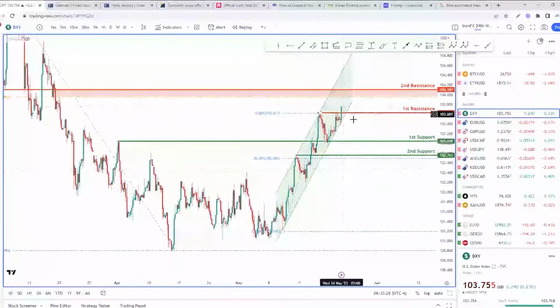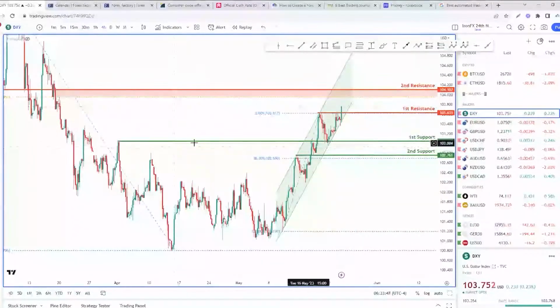So what we are trying to do here with horizontal overlaps is to find moments in time where price has reacted off a particular level pretty obviously, right? Whether it served as a resistance or a support, it's very important to identify such levels.